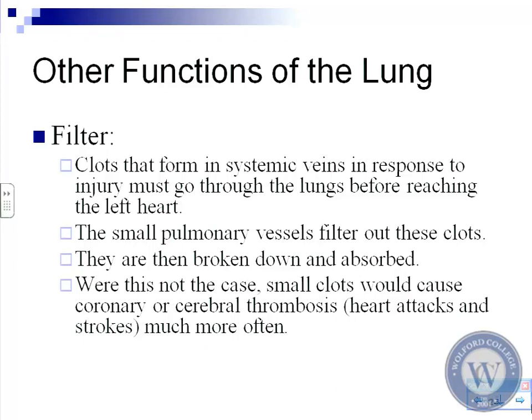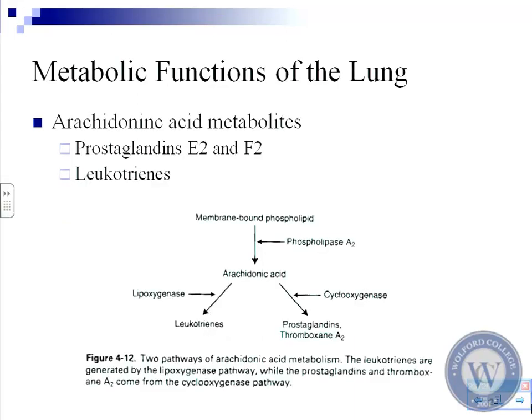It's also able to remove bacteria, but usually when you see that happen, a person will develop pneumonia very quickly following it. If you didn't have the lung acting as a filter, any small clot would immediately transfer over to the left side and you would embolize to the brain, which would not be a good thing, and you would also have an increased incidence of heart attacks.